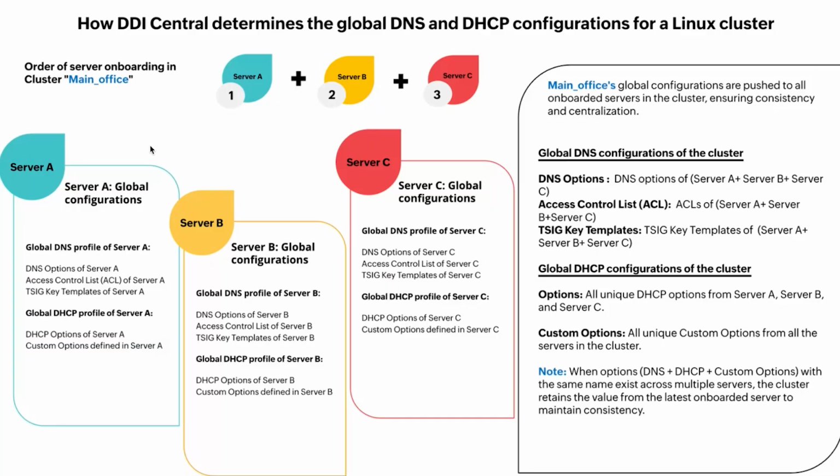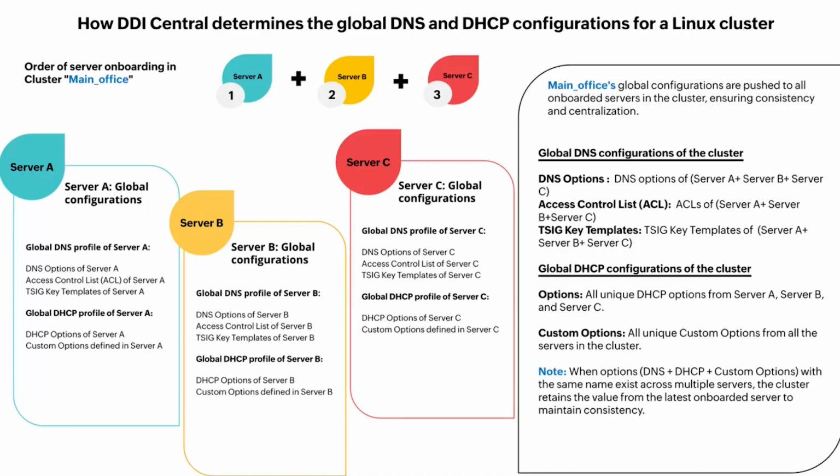Say if the servers are onboarded in a certain order, server A, server B, server C, the latest onboarded server's configuration will be taken as the configuration of the cluster.